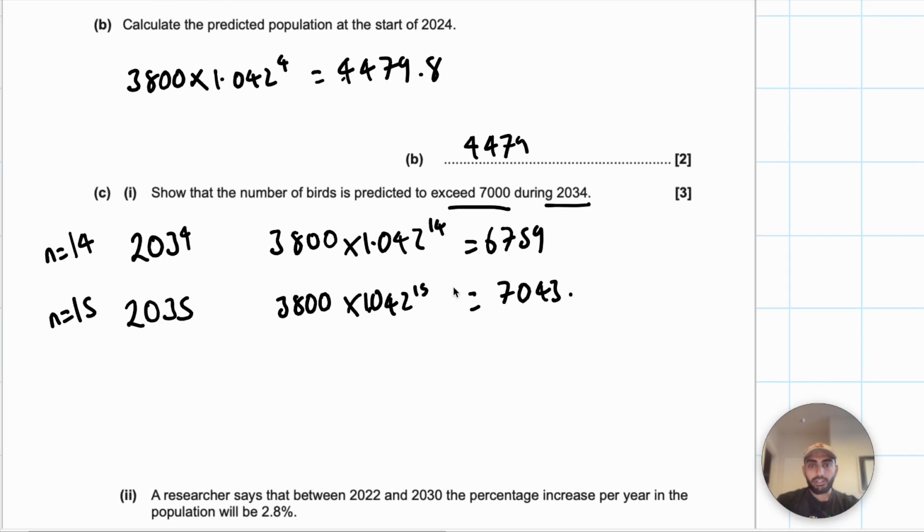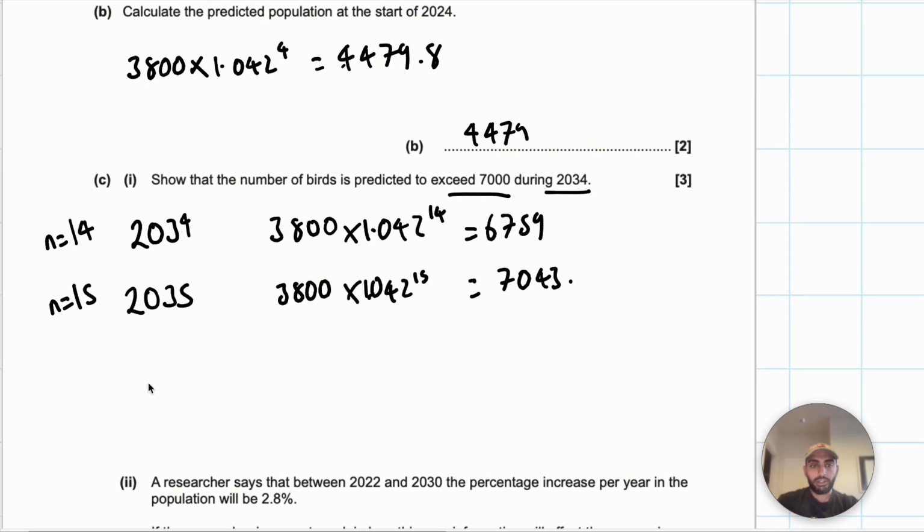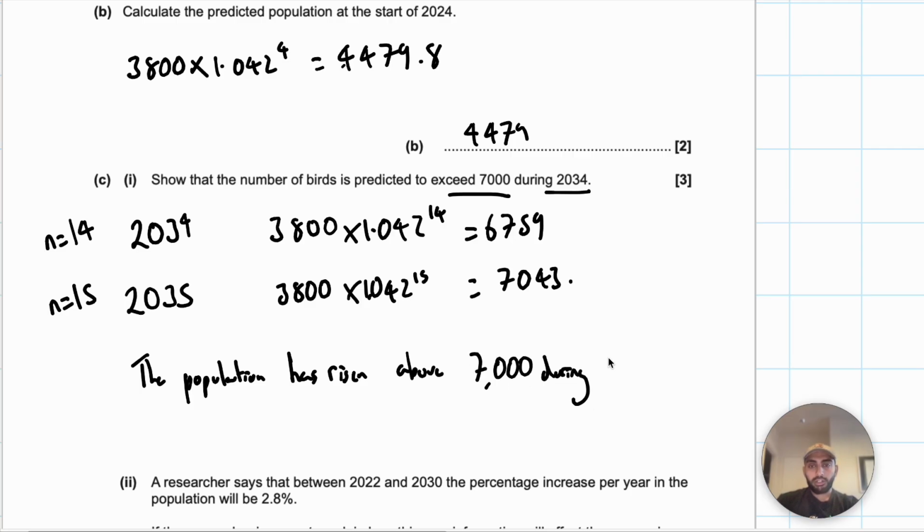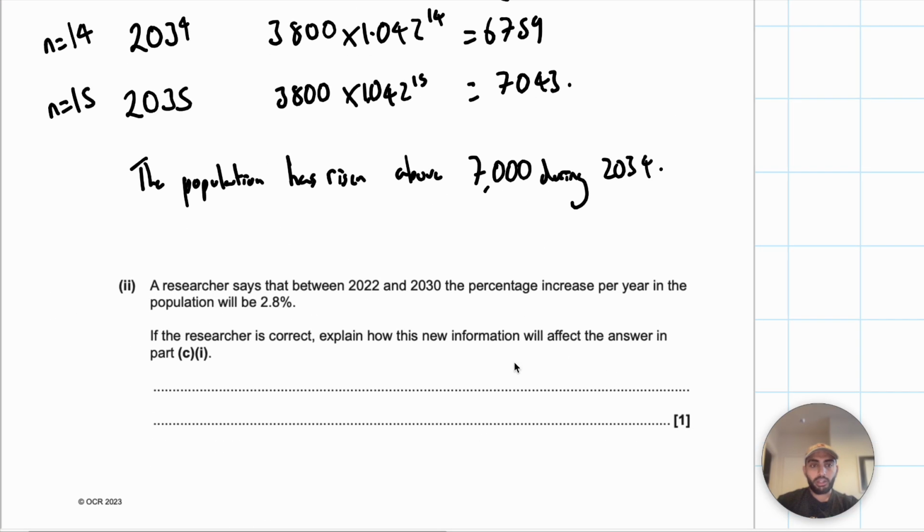So this is telling me that it's gone over 7,000 during 2034. The population has risen above 7,000 during 2034.